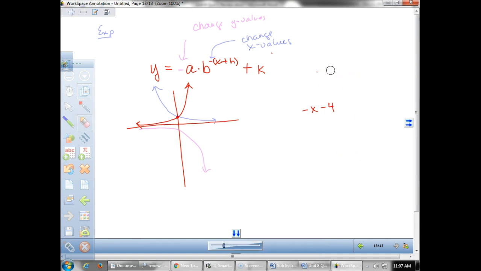Let me explain why. You may think, just change the sign of that. Well, here's what happens. When I factor out the negative, which you're supposed to do, you end up with x plus 4. So your translation is really 4 to the left, whereas if you leave it like this, it's 4 to the right.